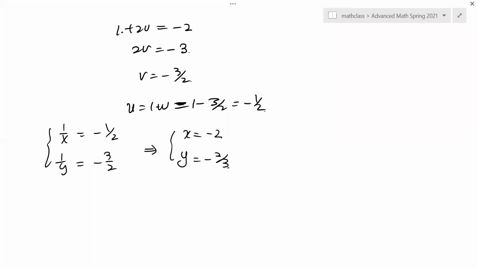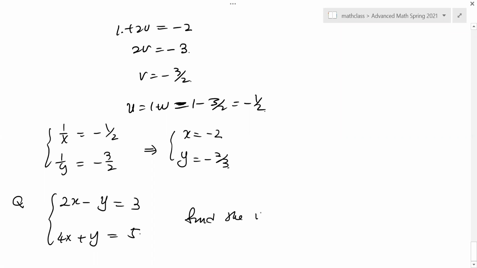All right, now I'm going to ask you to work on the following problem. 2x minus y equals 3. 4x plus y equals 5. Find the value of x plus y.